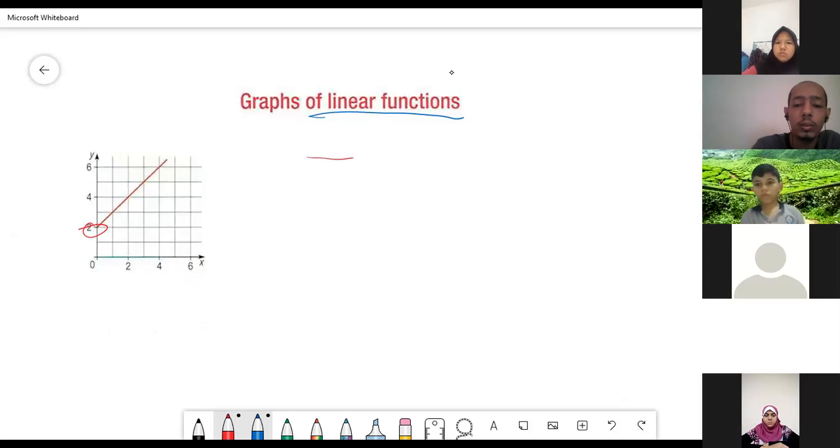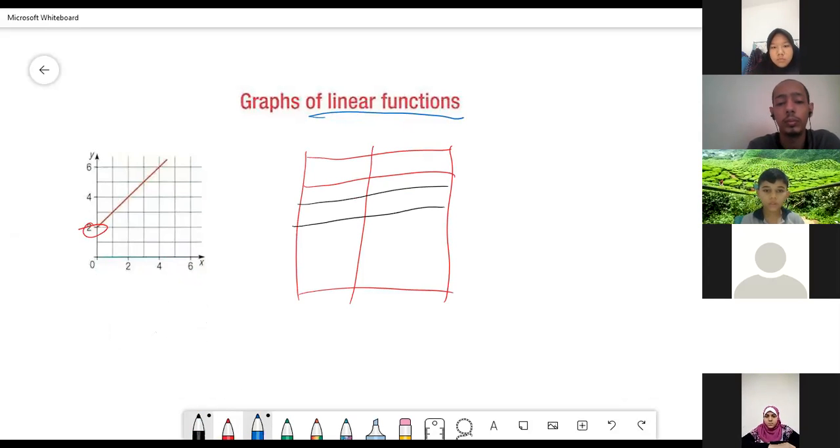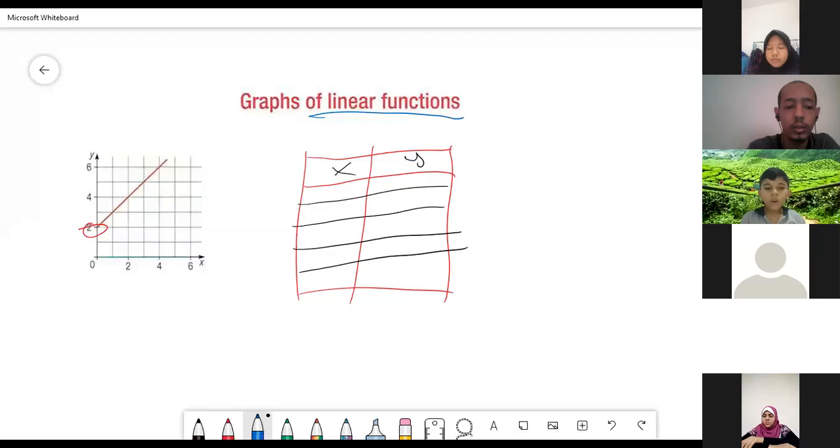Okay, let's put a table here and look at some points and what are the coordinates of them. X and Y. The first point we have said it is 0 and 2.